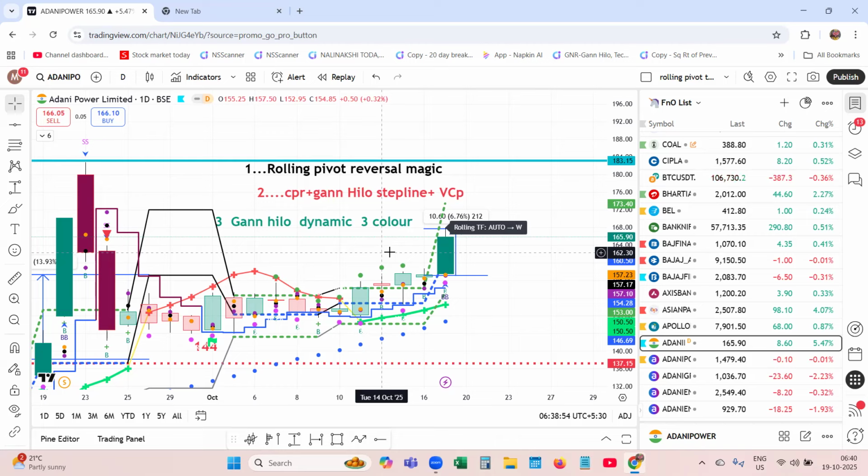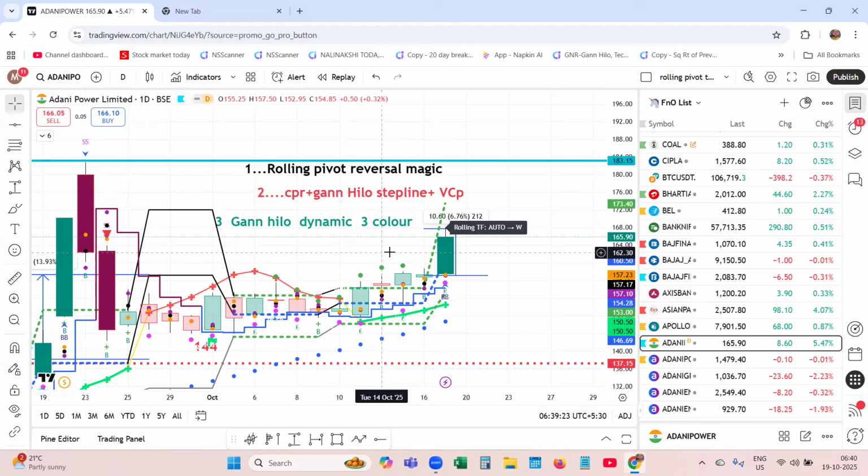You will panic when you enter at a certain stage and price starts coming down without the knowledge, without the baseline, without the support line. If you have these three indicators, you will be comfortable. You can sit through the game till it finishes.